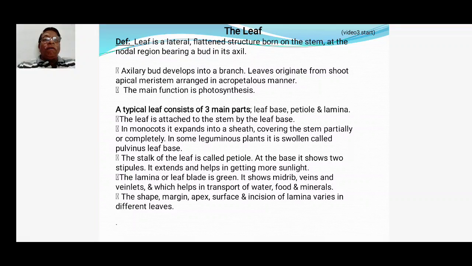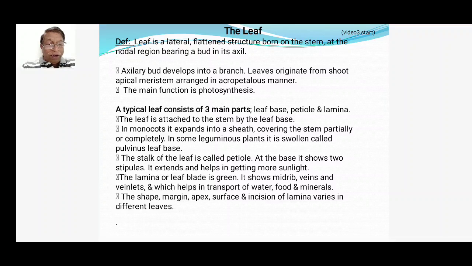Now, so far we have seen the definition of the leaf and the function of the leaf. Now we shall see the parts of a leaf. Parts of a leaf means a simple leaf, you can say. Let us see. Observe the diagram.